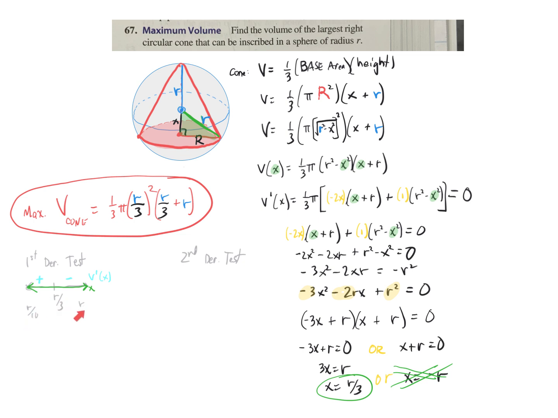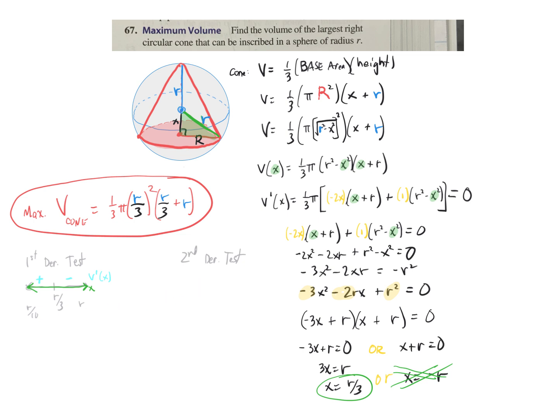So we can show that when x is r/10, v prime would be positive, and when it's something bigger like r, v prime will be negative. And by the first derivative test, therefore, we have a relative maximum at r/3.